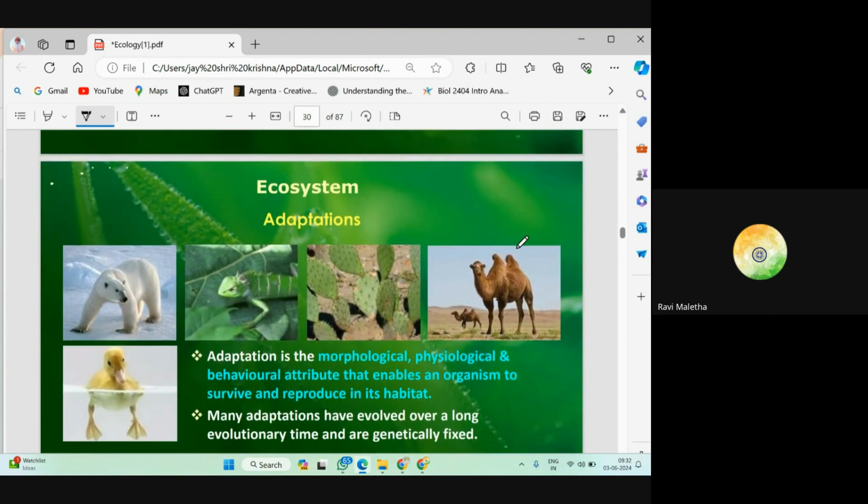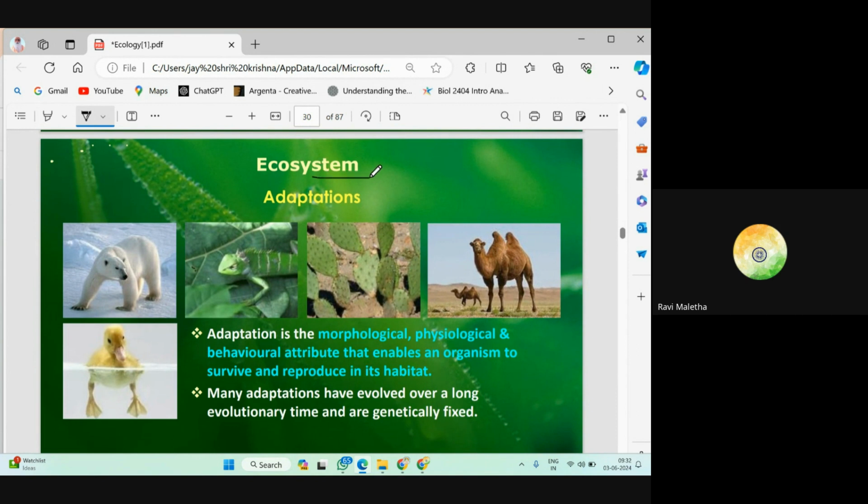Okay. So one thing in response to biotic and abiotic factors is adaptation. Adaptation is the morphological, physiological, or behavioral attribute that enables an organism to survive and reproduce in its habitat.